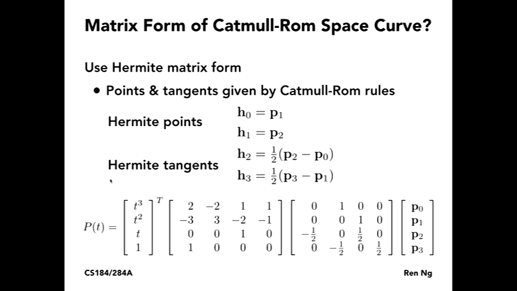And then we could just apply the Hermite formula that we had before. So if I give you inputs P0, P1, P2, P3, I have some matrix here that is just the coefficients represented by these 4 equations over here on the right-hand side. So this matrix converts from the Catmull-Rom inputs to the Hermite inputs, and then the Hermite matrix takes us into the solution.